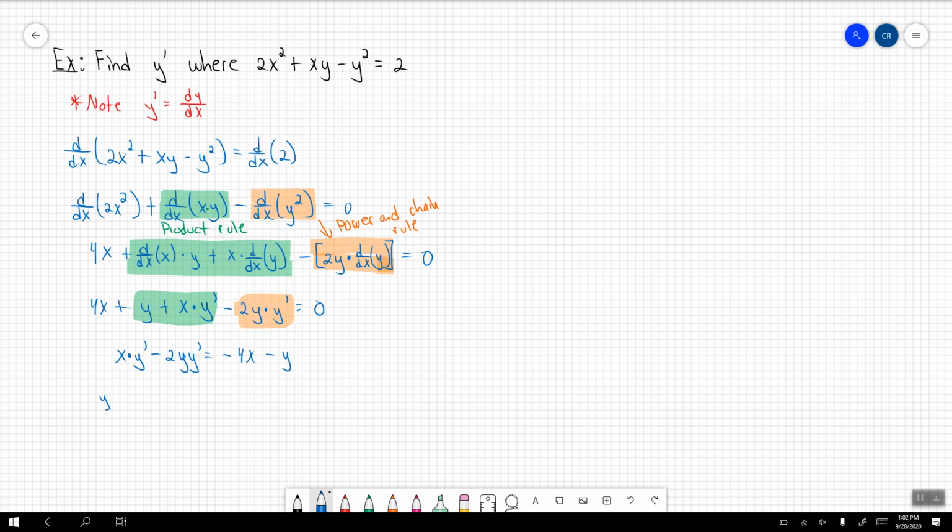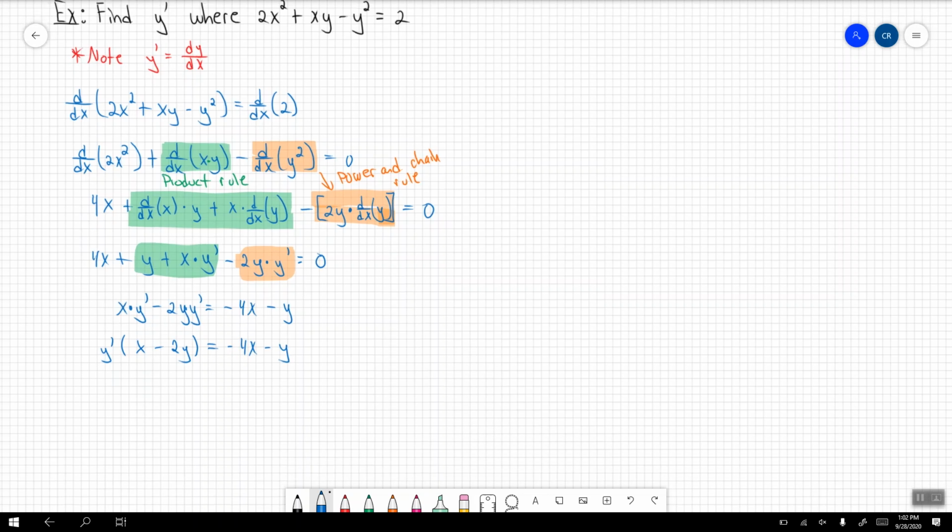Factor out that y prime. Looking good. Now all we get to do is divide by x minus 2y. So the derivative y prime is 4x minus y, all divided by x minus 2y.